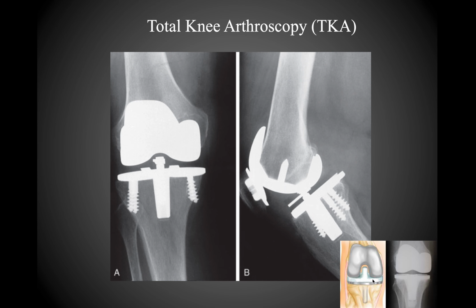And then here you can see a plastic insert between the two metal pieces, which serves as a replacement of the menisci. So on imaging, that plastic plate is not visible. You can just see a clear gap in between the two metal components of the implant.